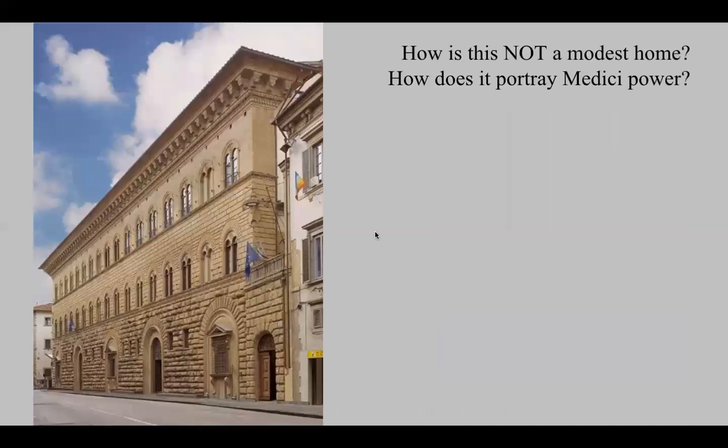Okay, so this is not the Rucellai Palazzo, but this is the Medici Palace. And so you probably have heard about the Medicis before in other classes. These were bankers and business people of Florence who had tremendous power, and they became major patrons to the arts.